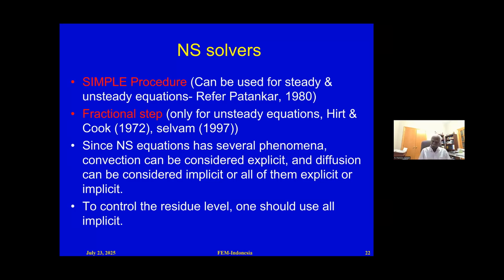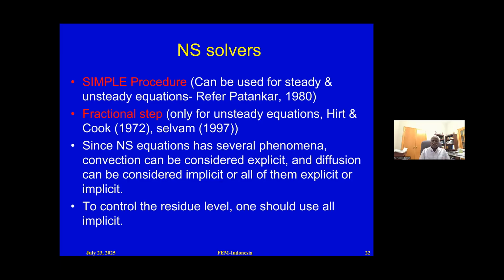One can use the SIMPLE procedure, which the Patankar and Spalding group came up with, and many software packages use it. Many research codes use fractional step, another method, and I have given references, Hirt and Cook and others. Since the Navier-Stokes equations have several phenomena, convection can be considered explicit and diffusion implicit, or all of them explicit or implicit. So there are many different ways, different codes can be there, and you need to pay attention.